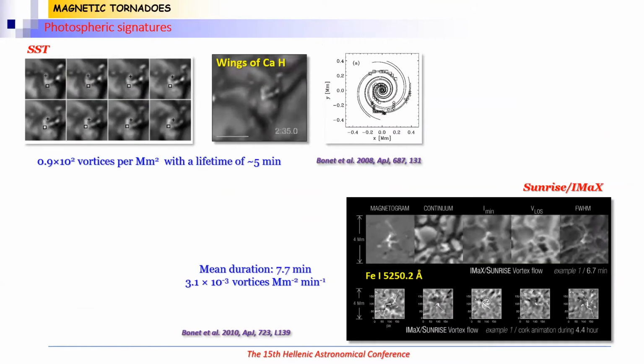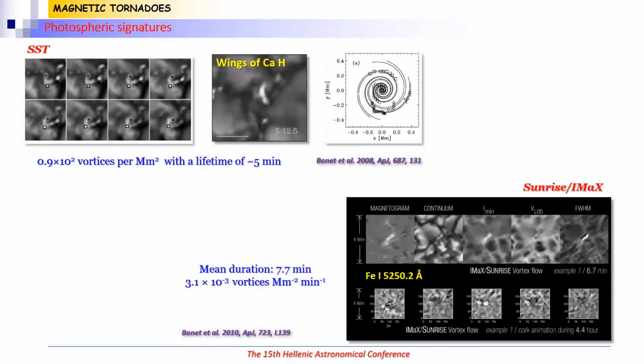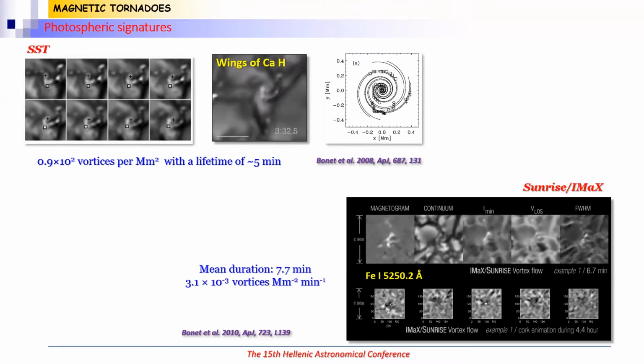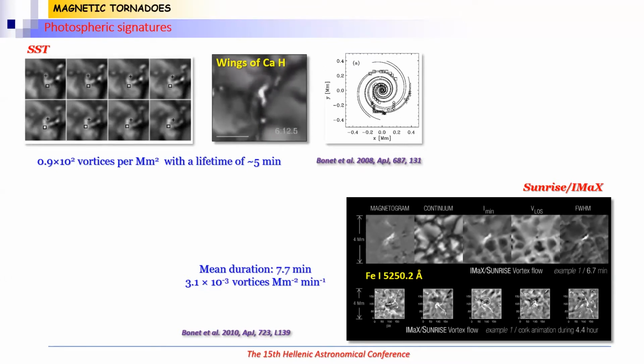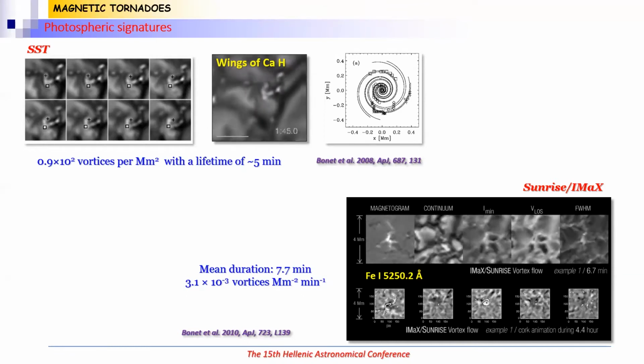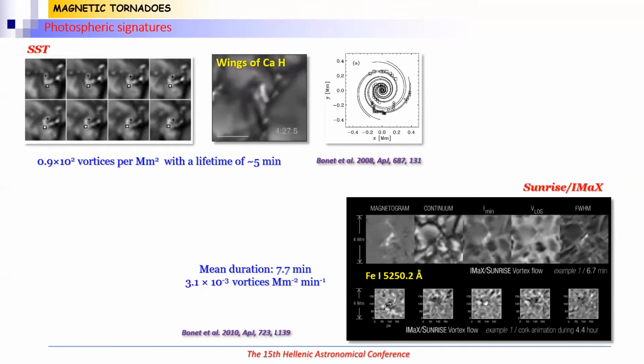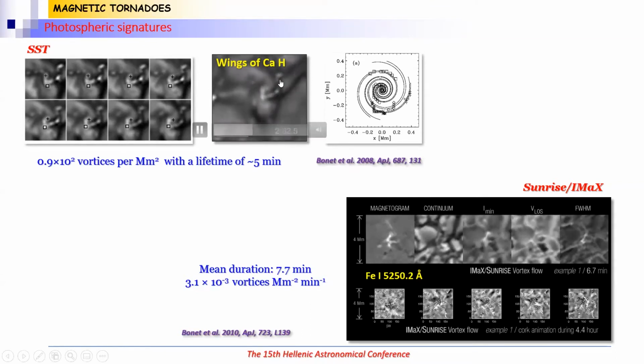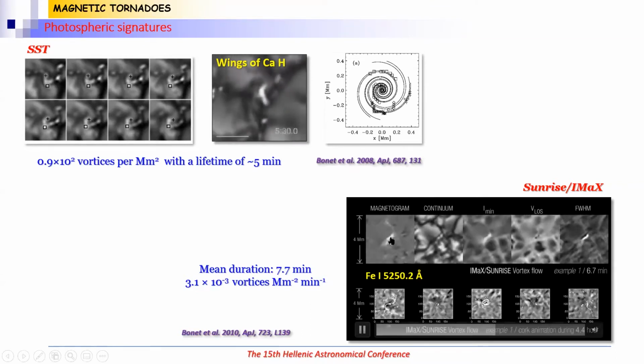Now, when we look at the photosphere, the photospheric signatures are seen in lines like the wings of the calcium lines, or the iron line, or the G-band line. And usually it's observed by the spiraling motion of the magnetic bright points, as we see here and here.